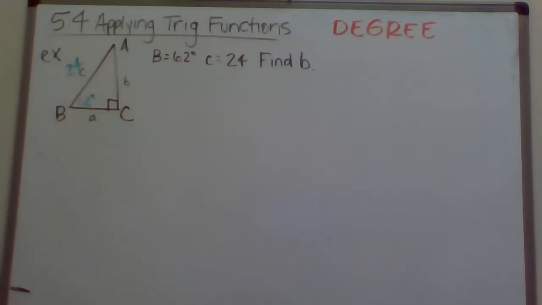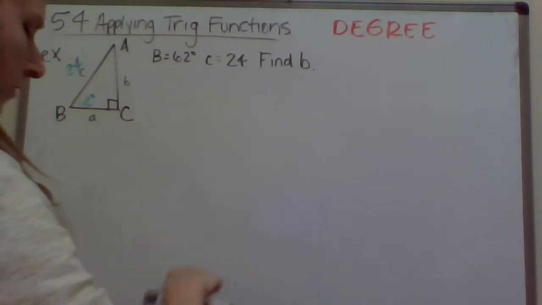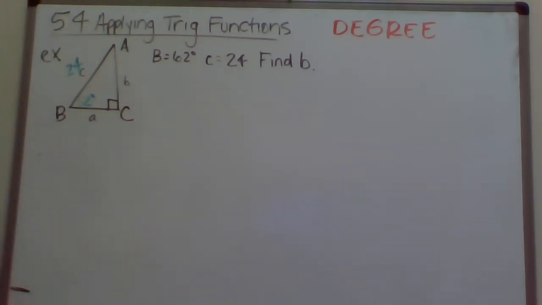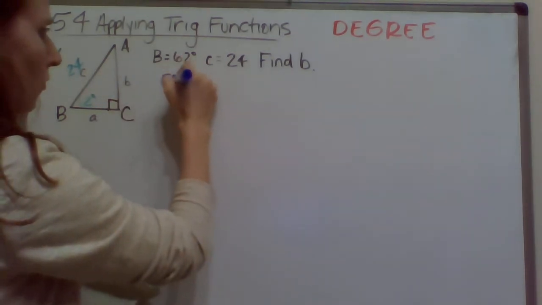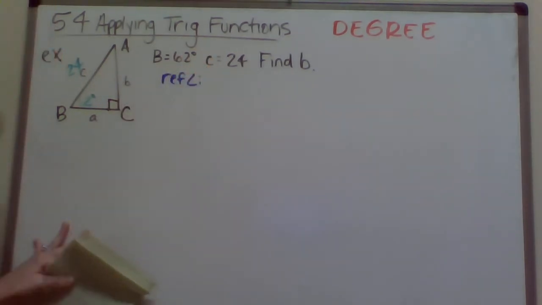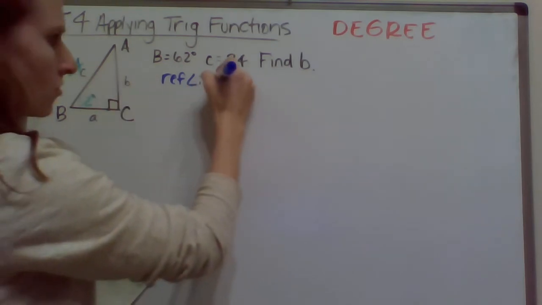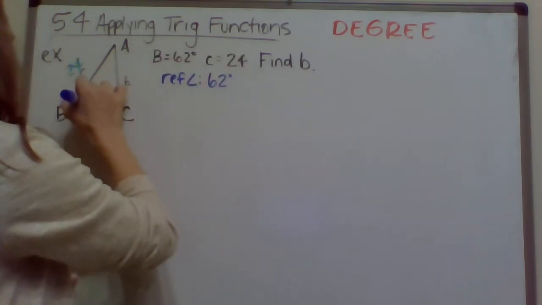So if we want to find side b, I'm going to show you how to do this basically foolproof, but once you get the hang of it, you're not necessarily going to need to do this each time. In order for you to set up a trig ratio, you first need to identify what your reference angle is going to be. Well, I'm going to choose this 62 degree angle just because it's here.